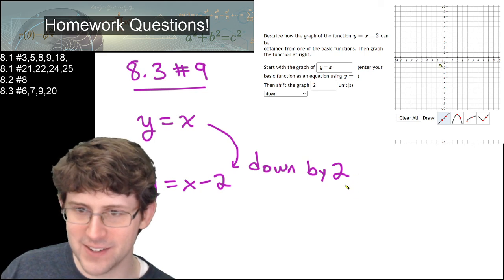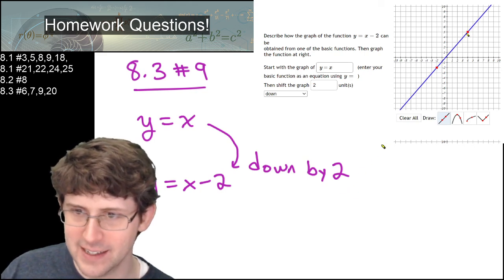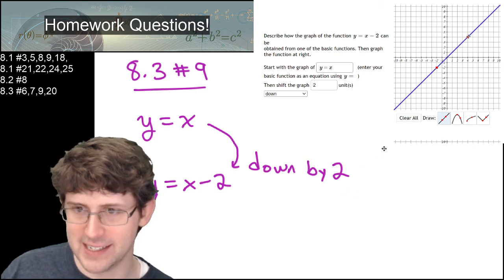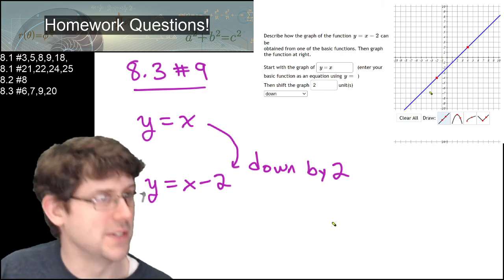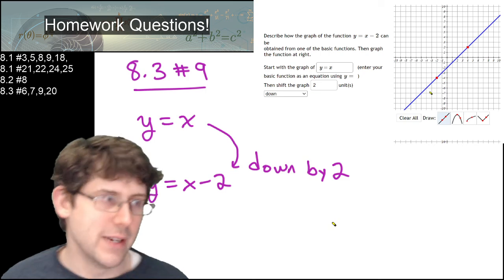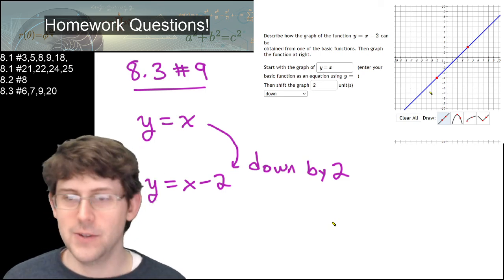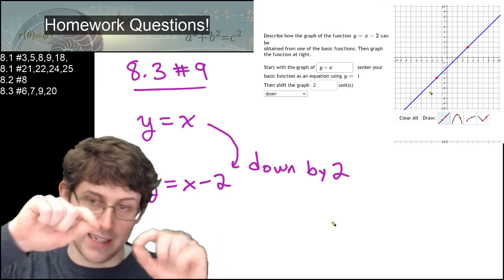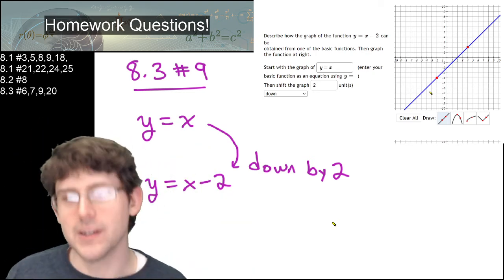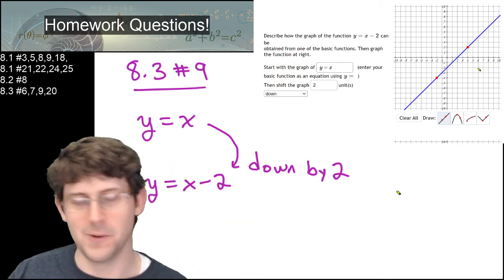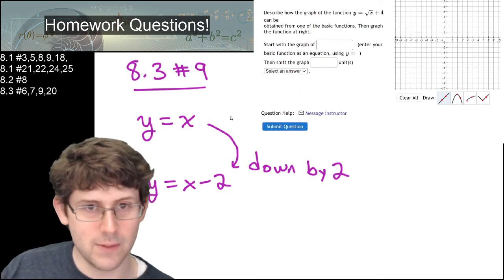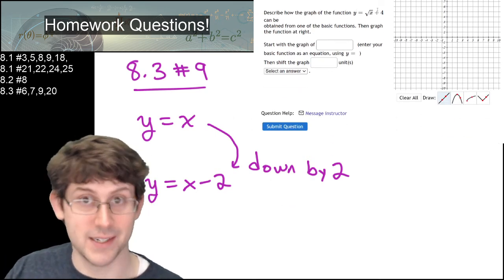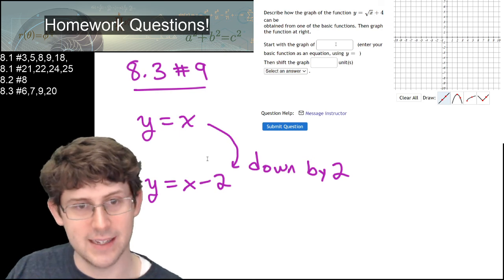I wonder if I could graph y equals x, like a normal y equals x, and then just grab all the points and move them down by 2. Oh, that's pretty cool too. So this one is y equals x down by 2. You can either plot some points to get y equals x and then actually move them down, or you can start at minus 2 and go at a 45-degree angle. Either of those works. This one says, what's up with y equals square root of x plus 4? Well, that's y equals square root of x.